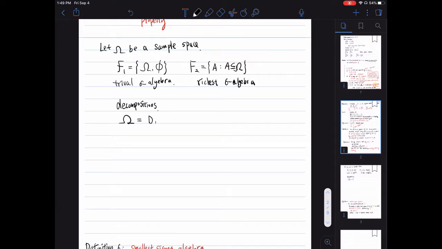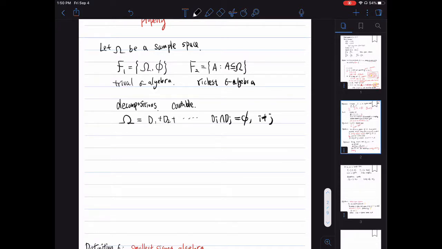So we can write omega as D1 plus D2 all the way to Dn. And one thing we need to make sure of is that we want a countable decomposition, so we are able to count all the subsets of omega. And as I said, these are going to be disjoint subsets, which means Di intersect Dj is just going to be an empty set when i is not equal to j.